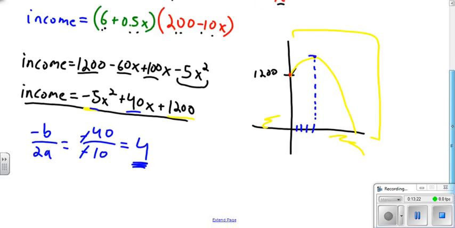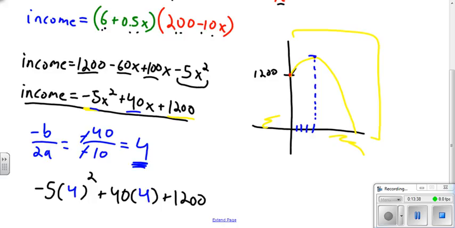So we have to plug 4 back into this function. So we'd have negative 5 times x squared plus 40x, and we know that the x value we're looking for was 4 in each instance.